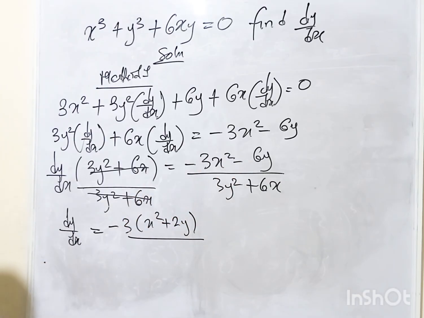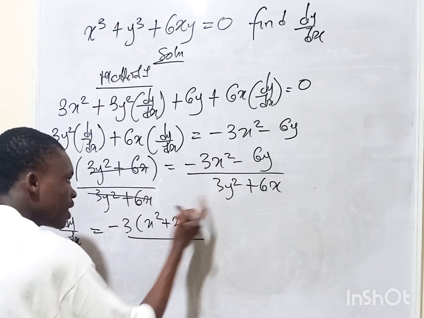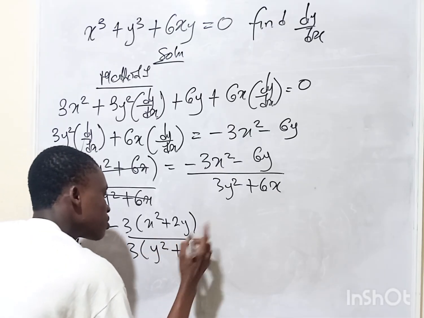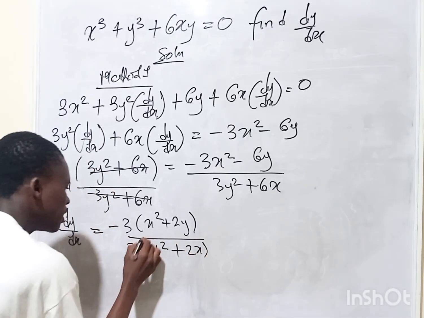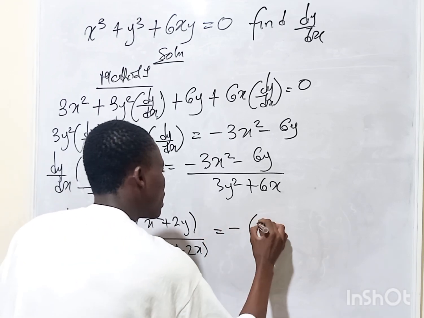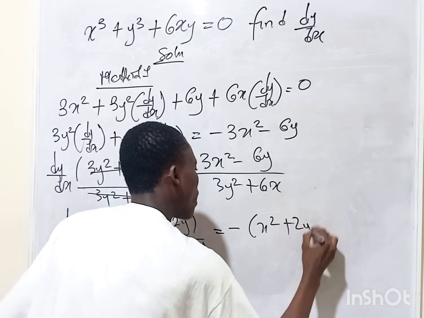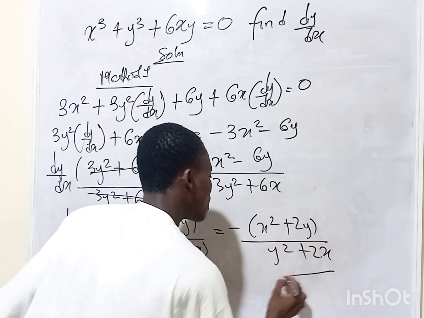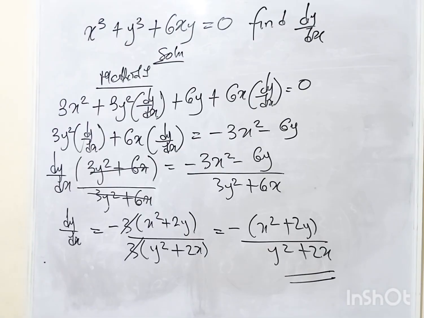So all over, also factorize out 3 here. So we have 3 into bracket y squared plus 2x. So clearly this can cancel out this. And clearly our final answer becomes negative x squared plus 2y all over y squared plus 2x. And this is the right answer.